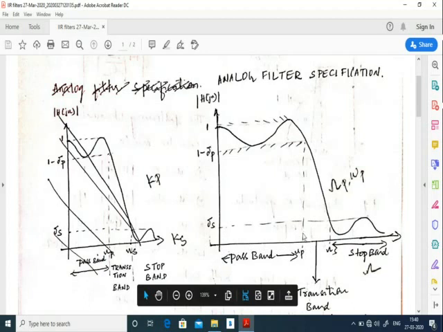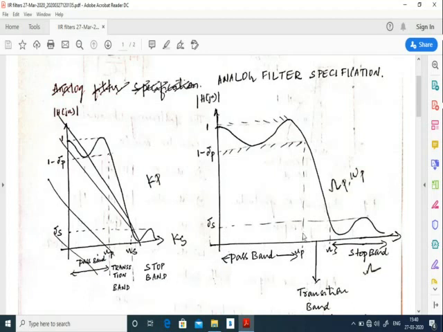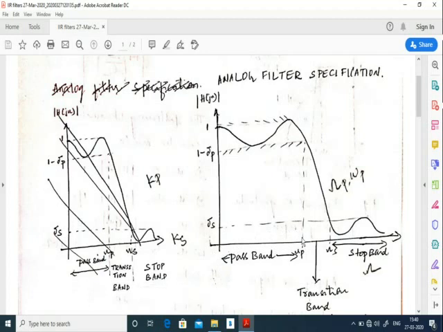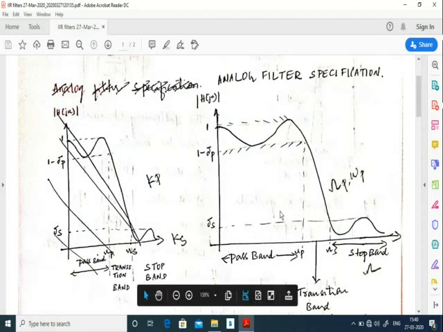Since it passes all the frequency signals which fall between this region and this region, it is known as the passband. In other words, it is passing all the frequency signals which fall within this particular limit, and this band we call the passband region, and omega p stands for passband frequency.